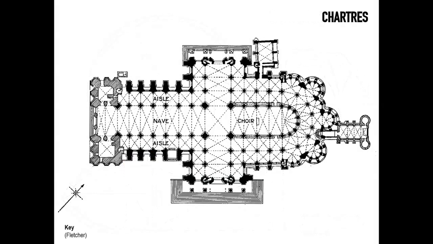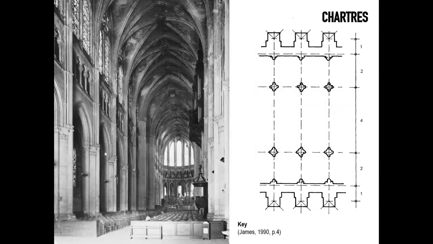Now, the Cathedral of Chartres is a perfect example of a quadripartite vault. You can see how there is a more frequent, rectangular kind of layout rather than a square layout that repeats itself. And again, these are some views of the famous Cathedral of Chartres. It survives almost untouched, apart from some minor alterations.